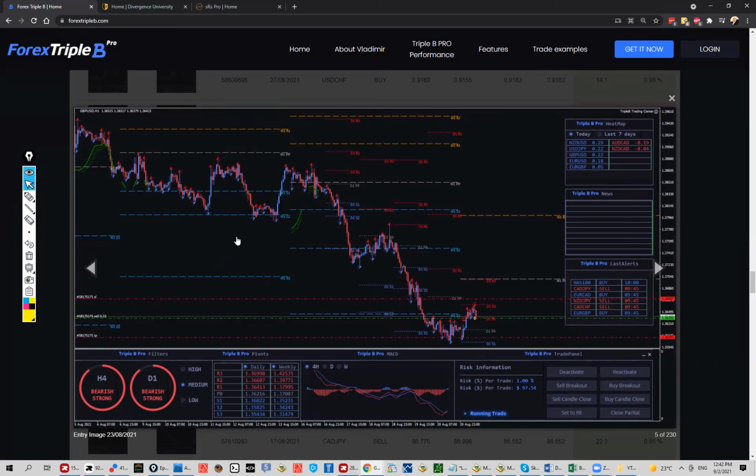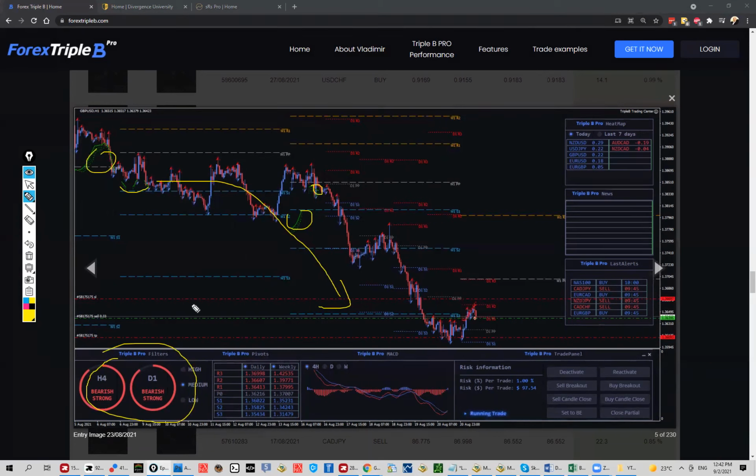But besides that, let's see what do we have here. So clearly we're looking at bearish momentum. There was bullish momentum at some point here, or at least moments where the bullish momentum was getting force behind it, but as we can see, generally that was a mixed structure here, mixed signal in terms of the triple B filters, because those two didn't agree on the higher time frames during these periods.